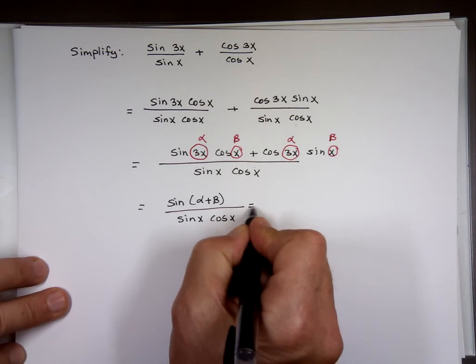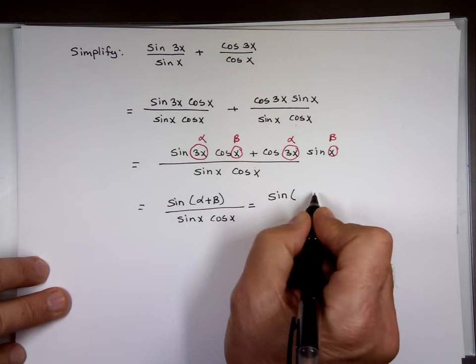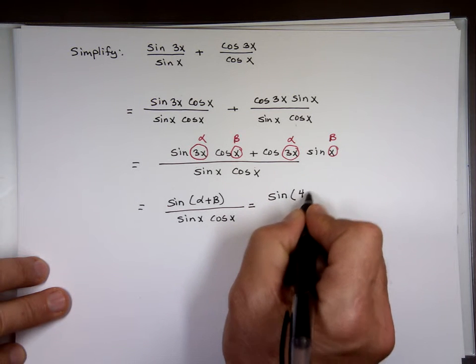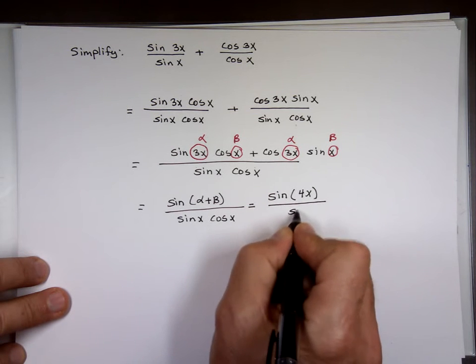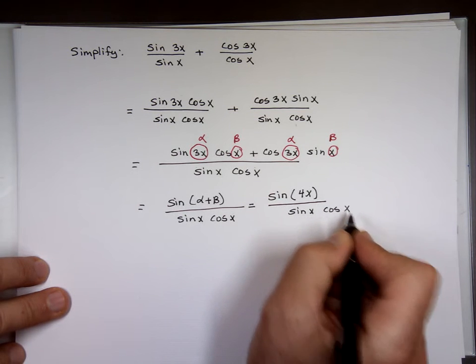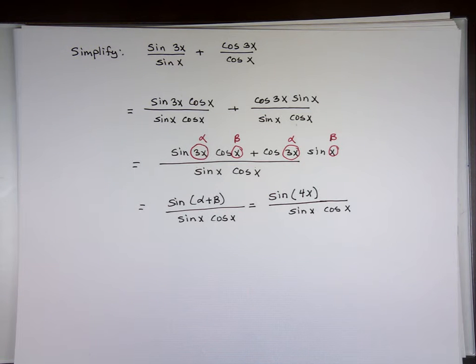So that's sine, what do we have? 4x? 3x and x is 4x. I'm not done simplifying. I want to simplify that more. Darn it.